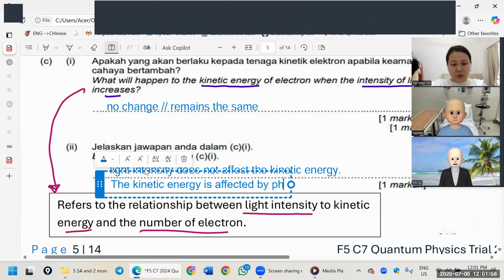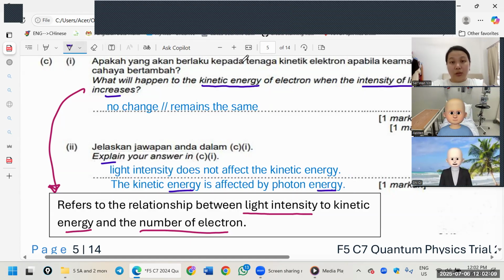Affected by photon energy. Remember, compare energy with energy.